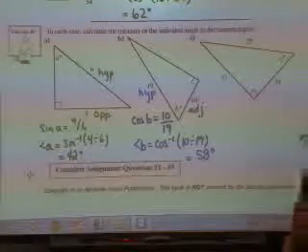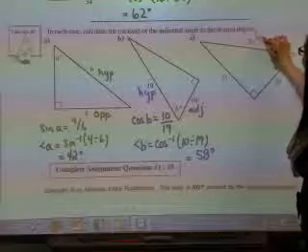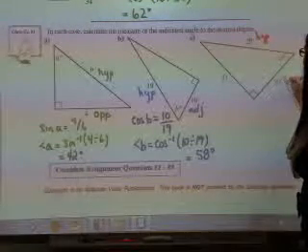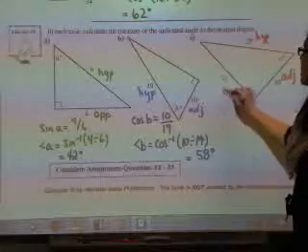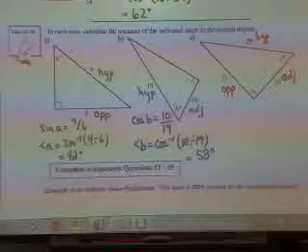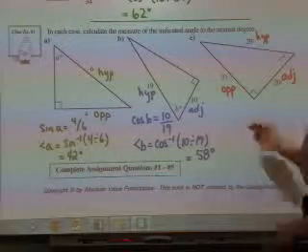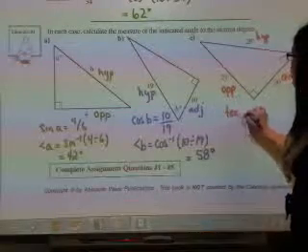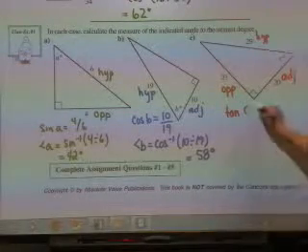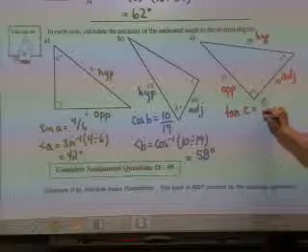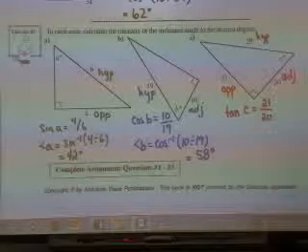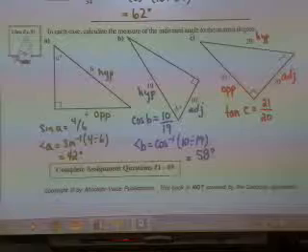Now 1C is a little bit unique because I'm given all three sides. I'm given the hypotenuse, I'm given the adjacent side, and I'm given the opposite side. Which means realistically I could use any one of those three trig ratios and I would be able to solve it provided I used the correct two sides. So because we haven't used tan yet, I will use tan of angle C equals the opposite side over the adjacent, 21/20.